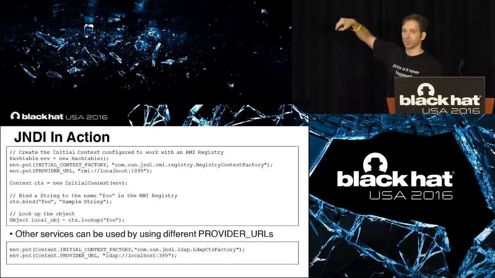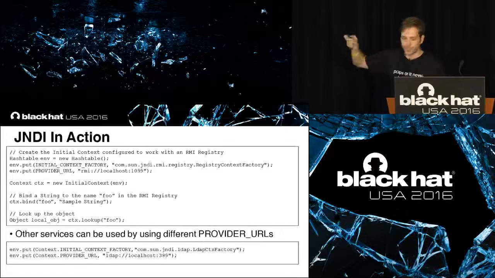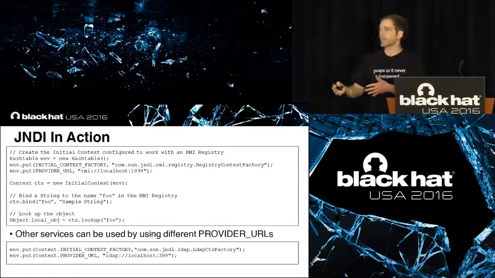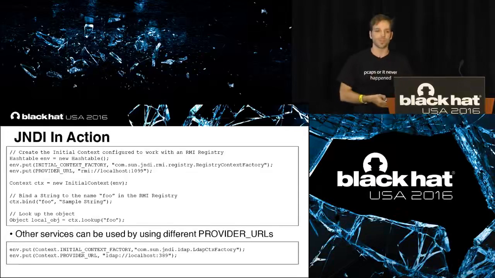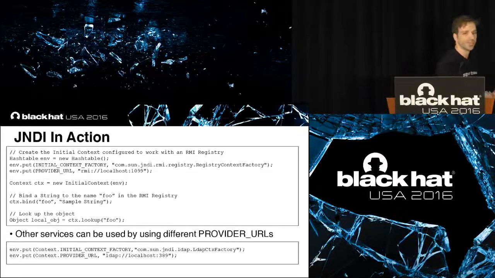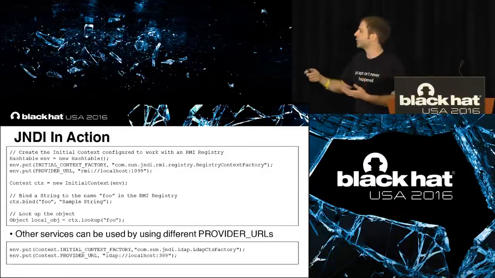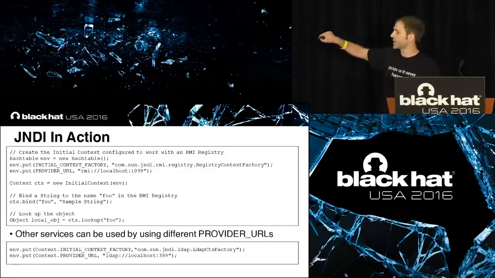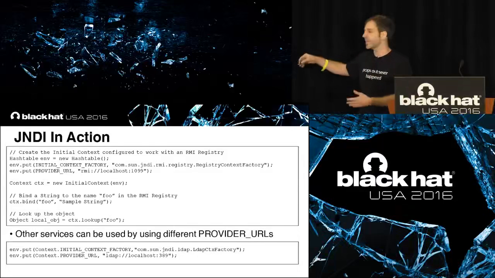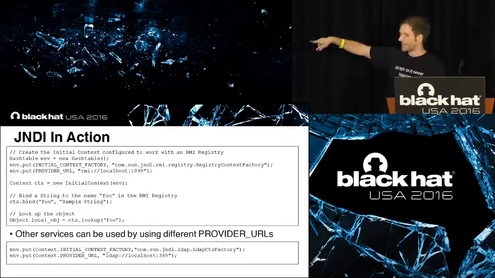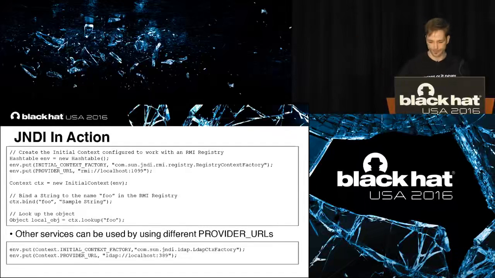Then we can initialize the JNDI initial context, and from that moment on, we can bind different names to objects and then recover them using the lookup operation. We can do that from the very same JVM or different JVMs. And as we said before, JNDI is not just for the RMI registry. You can use any provider type with any provider URL, like in this example down here, where we are using LDAP.